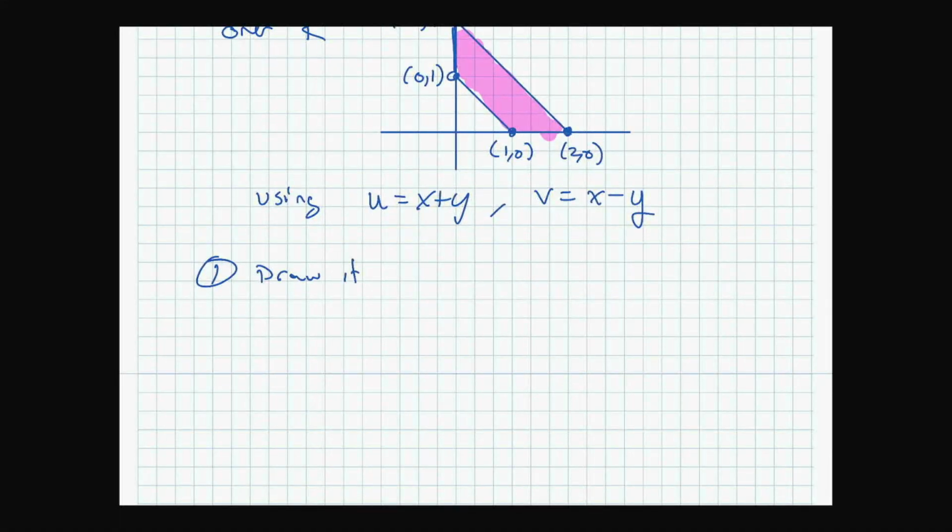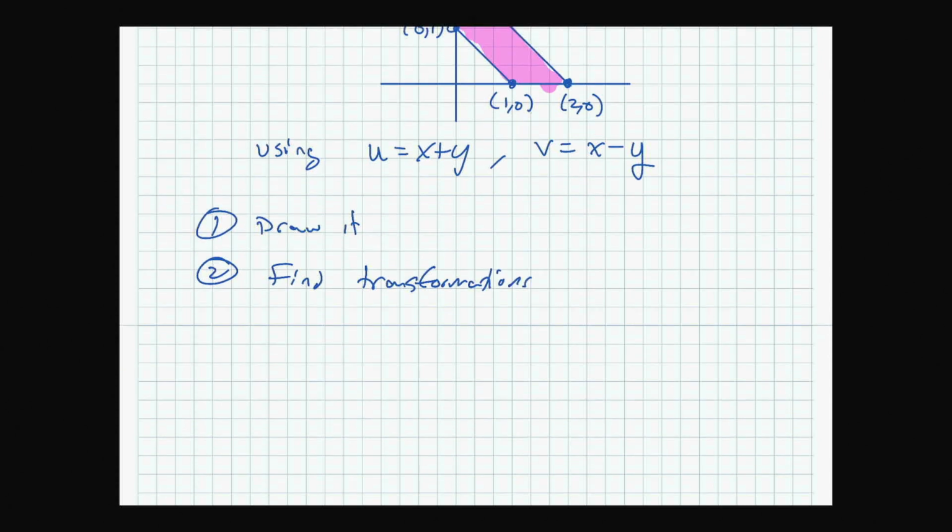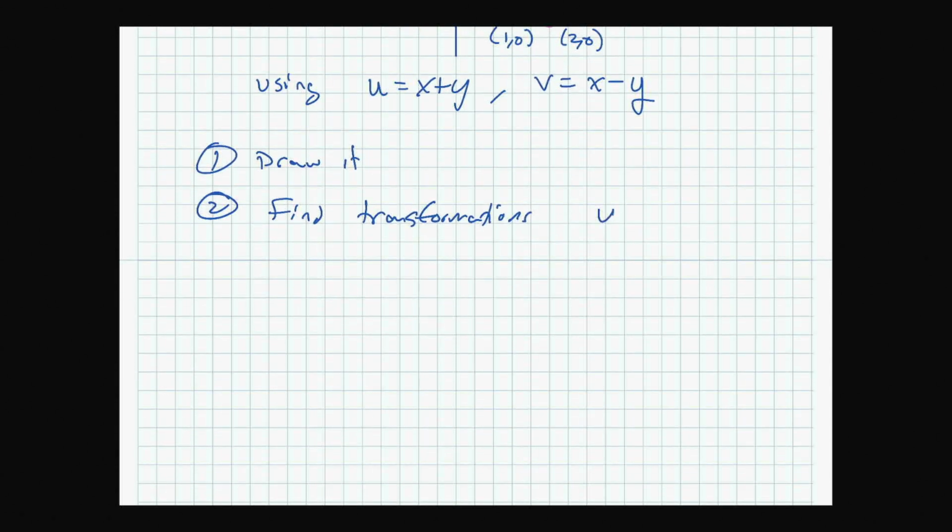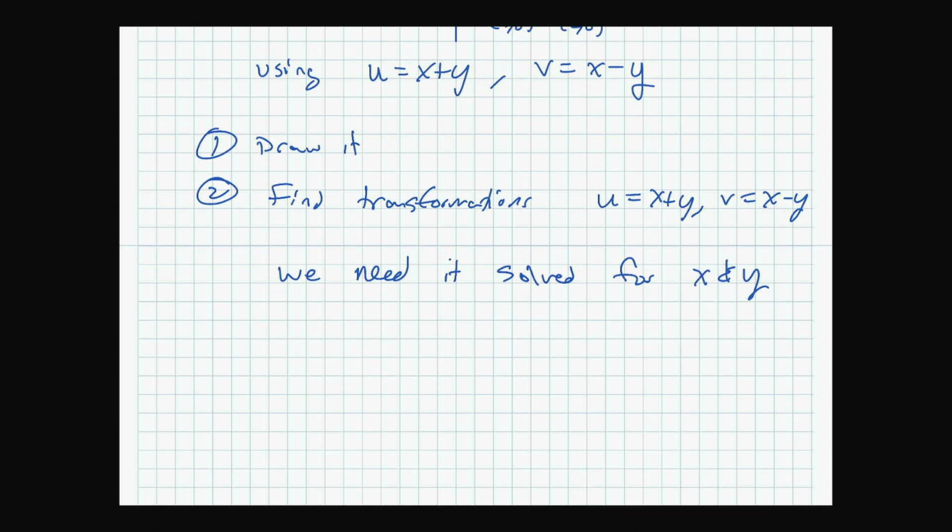Find the transformations. They gave us u equals x plus y, v equals x minus y. We need it solved for x and y. This isn't that hard, right? We will do it exactly the same way we did this once before.